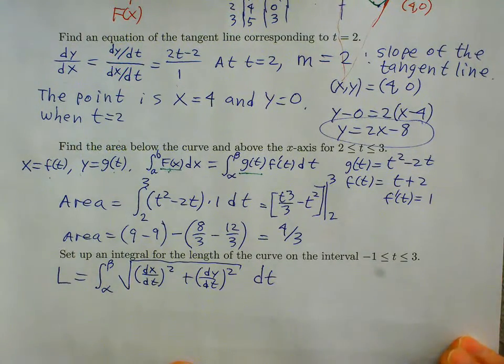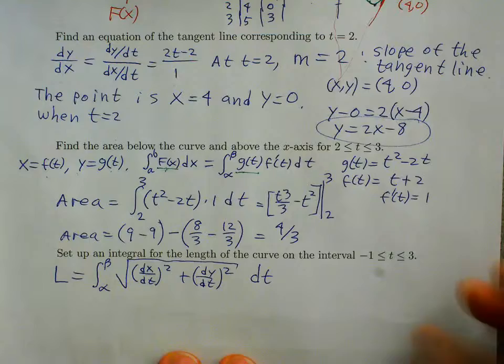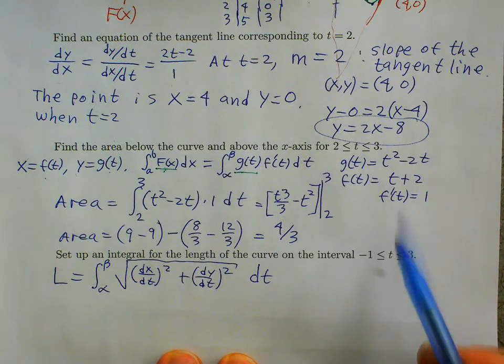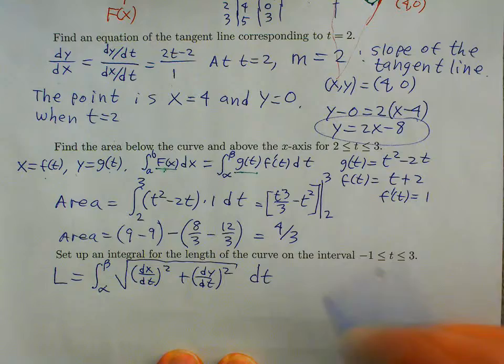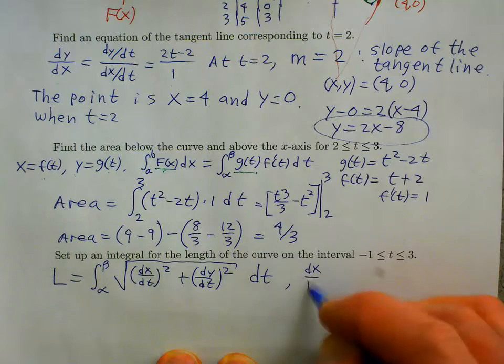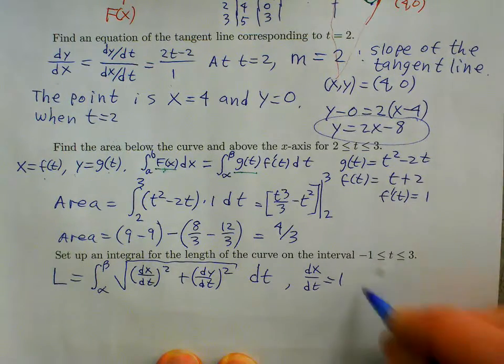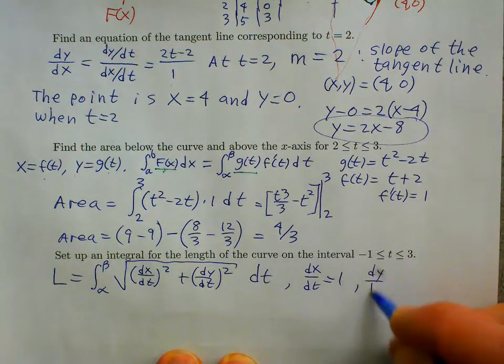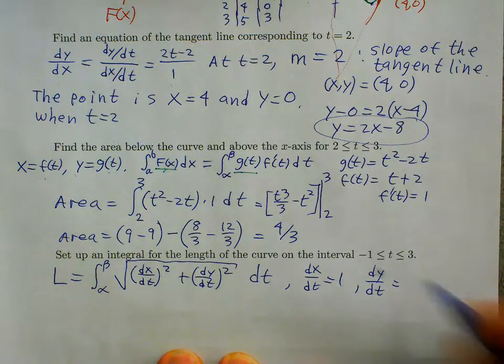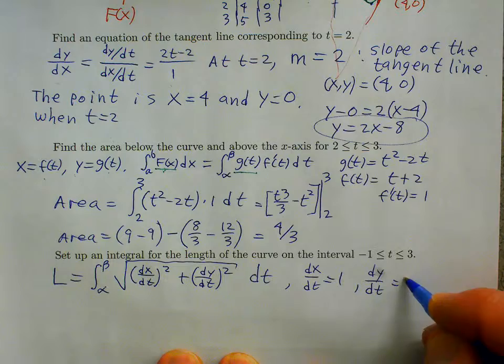So we're just going to set this one up. So x is t plus 2. So for our problem, dx dt is just 1. And y is t squared minus 2t, so dy dt is 2t minus 2.